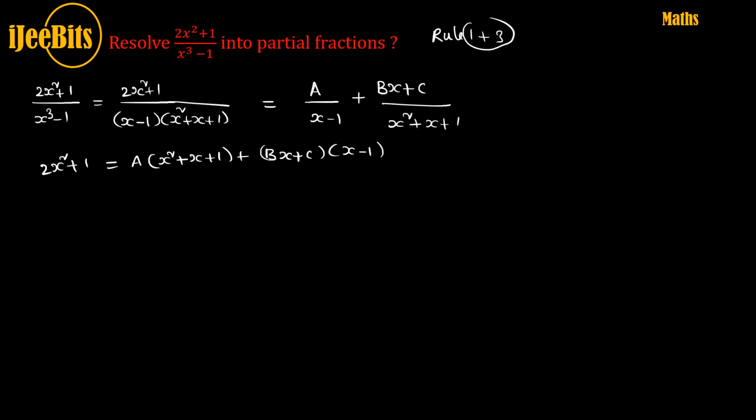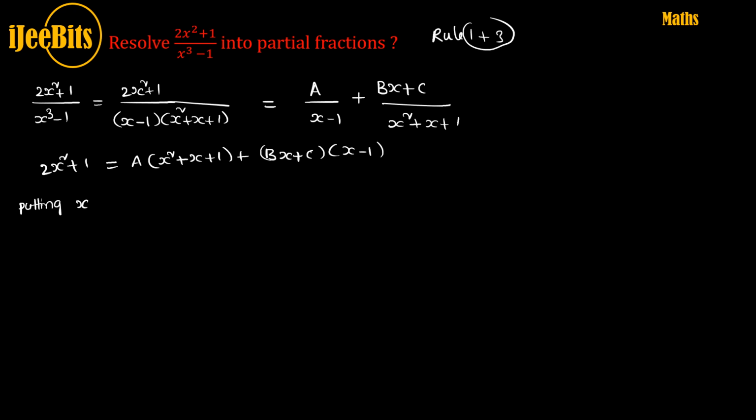Now how do you identify the constants A, B, C in this case? For A, we substitute. By putting x = 1, the second term can be eliminated.